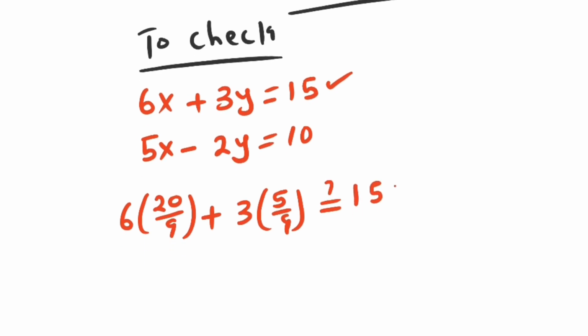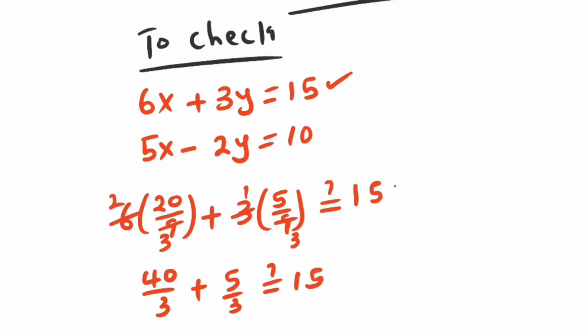Let's see. 3 here 2, 3 here 3. We have 20 times 2, that is 40 over 3, plus 3 here 1, 3 here 3, 5 over 3 must be equal to 15.